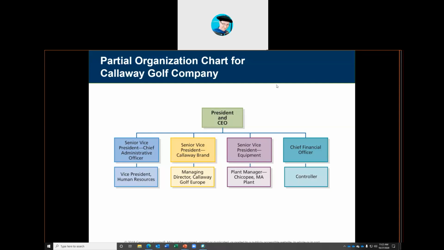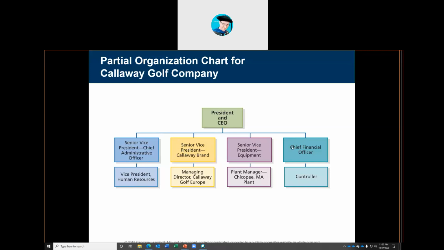Under the president, CEO, or executive officer, there are departments. I call these department managers or various departments. This department is administration. This department is the brand management. This department is manufacturing. This department is accounting.